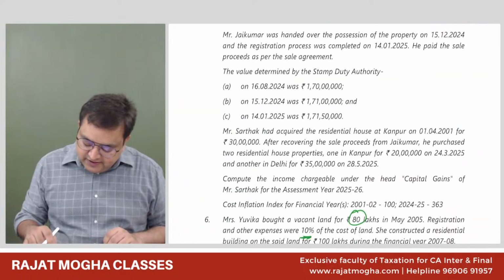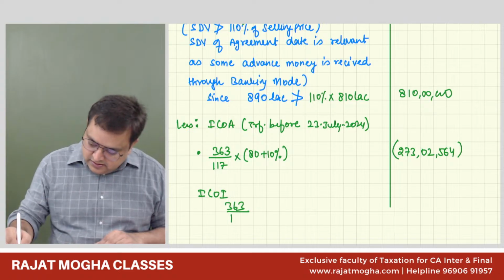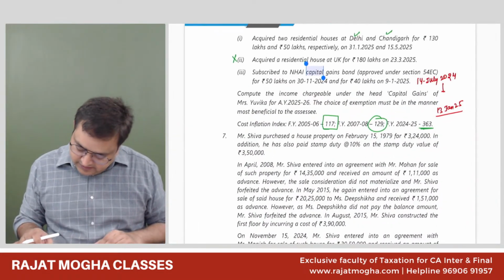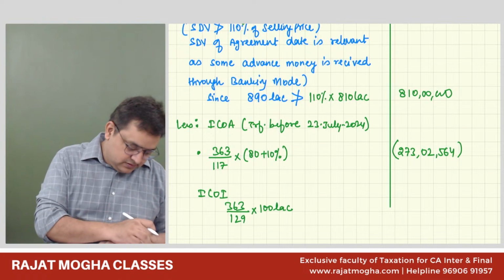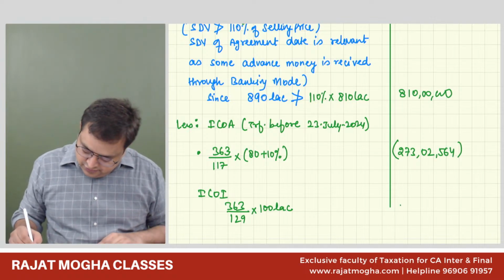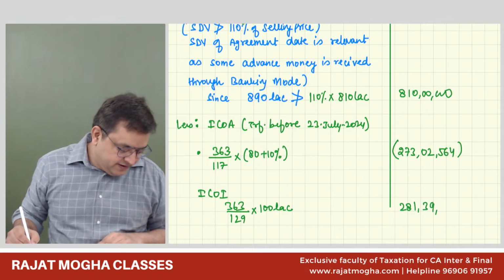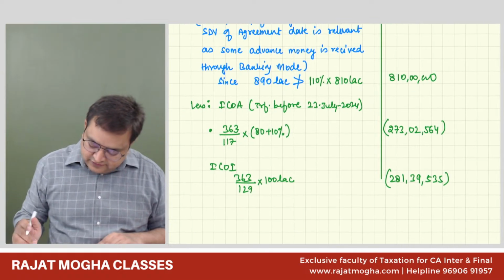So 363 by 129 into 100 lakh. 281 lakh 39,534. Correct. 281 lakh 39,535 you can take. This is the index cost of improvement.